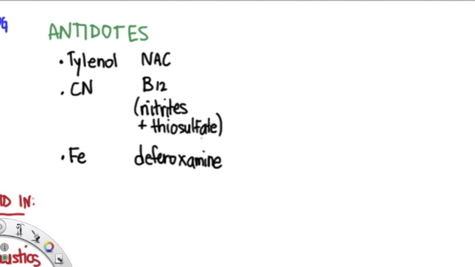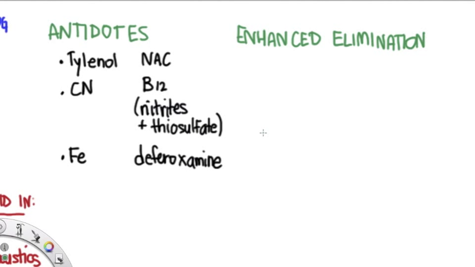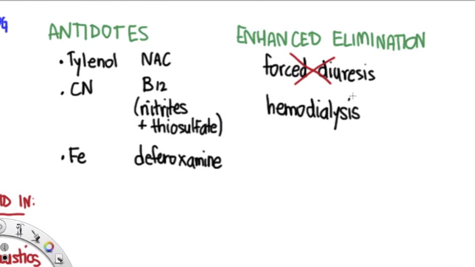And the final method of decontamination that we'll talk about is enhanced elimination. That is, getting the body to get rid of it faster. Forced diuresis, either with a lot of IV fluids or a diuretic, does not help. Hemodialysis is useful for smaller molecules which can pass through the dialysis membrane, and they've got to be in the serum. They can't have a large volume of distribution.